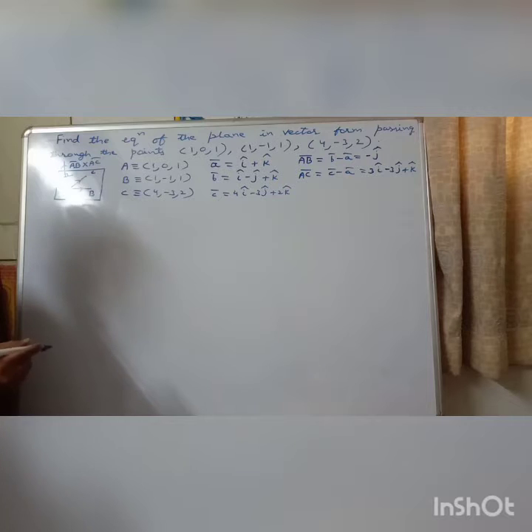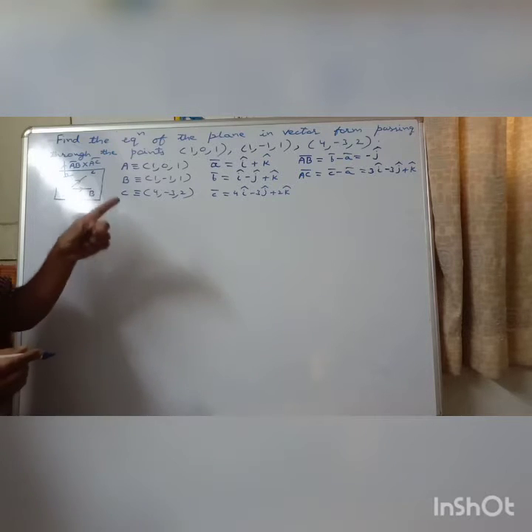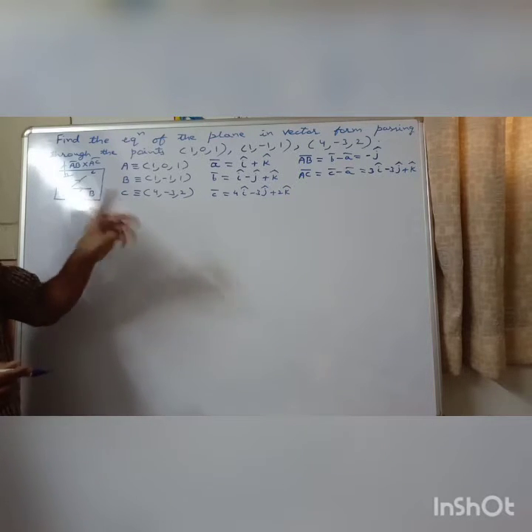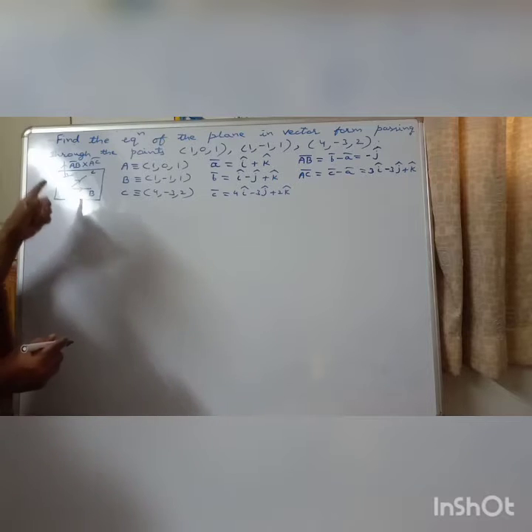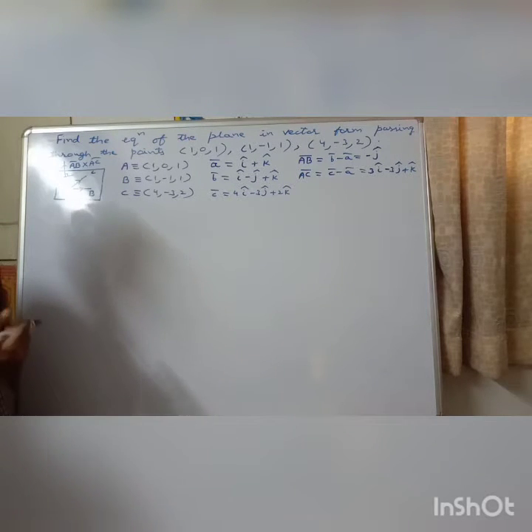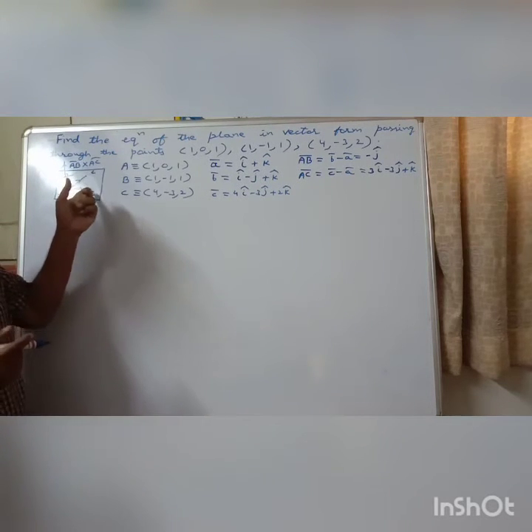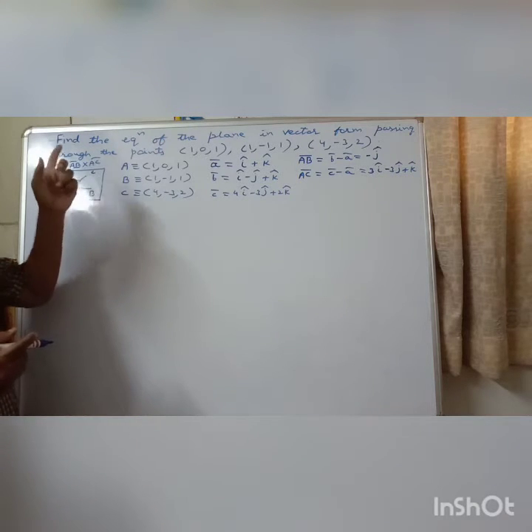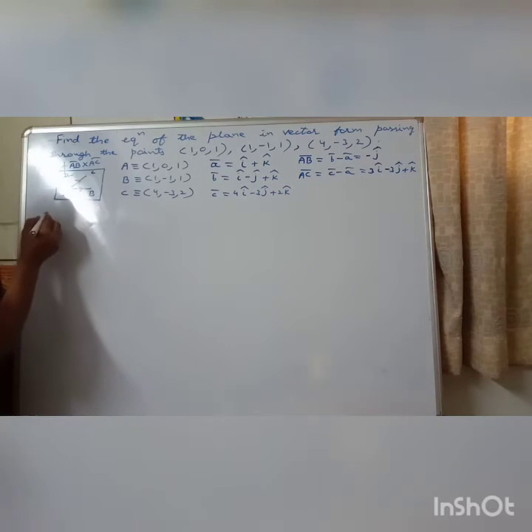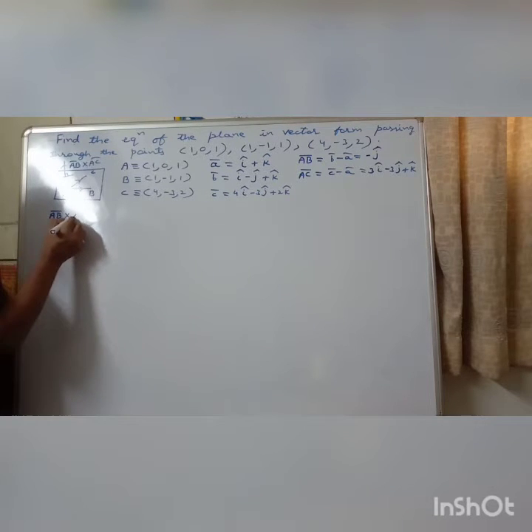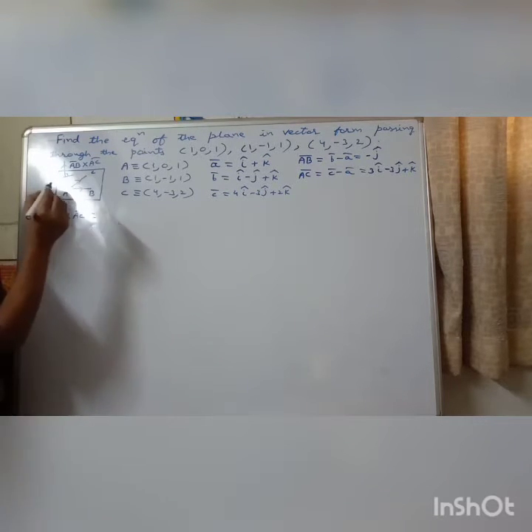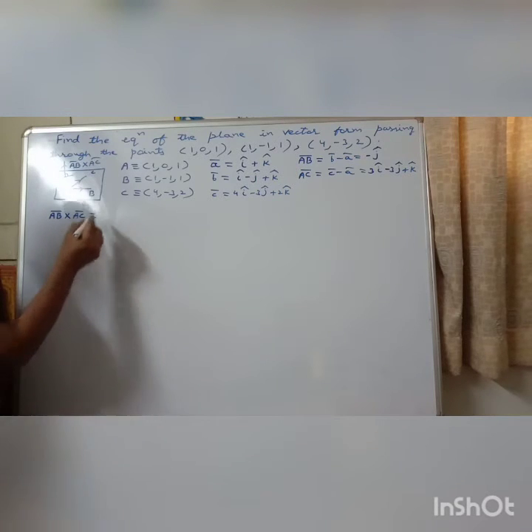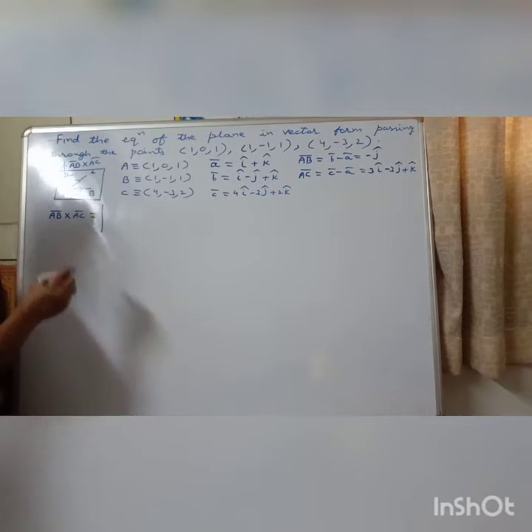After that, we have to find their cross product, because AB bar cross AC bar is perpendicular to the required plane. It is normal to the required plane. AB bar and AC bar are in terms of unit vectors, so use a determinant here.